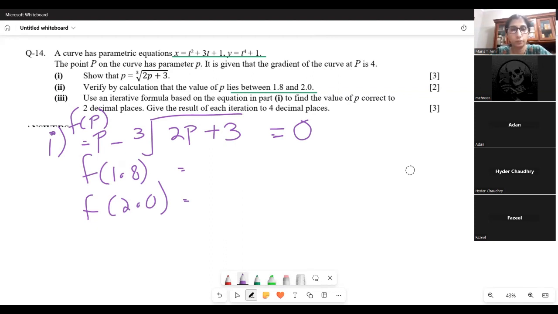So that's going to be 1.8 minus cube root of 2 times 1.8 plus 3, which gives a negative value, minus 0.07578.